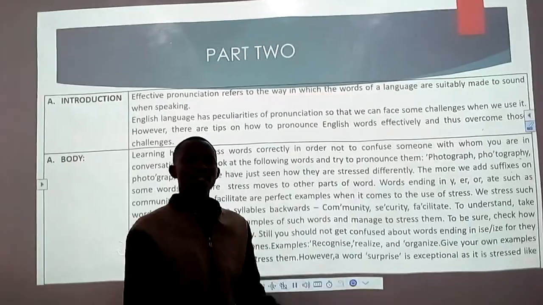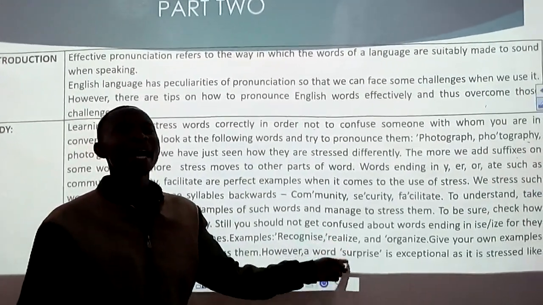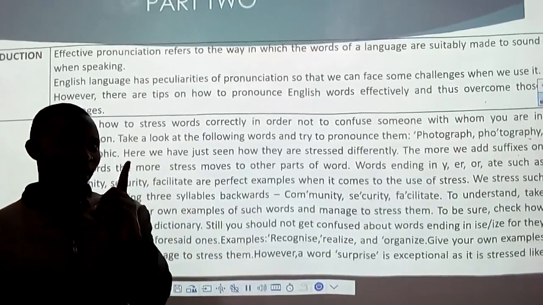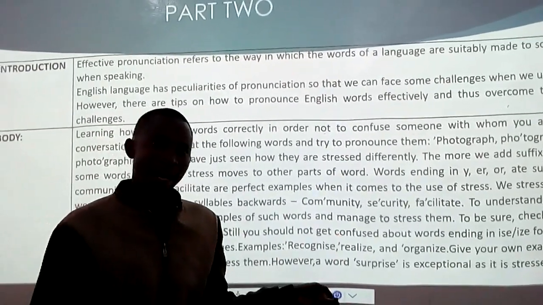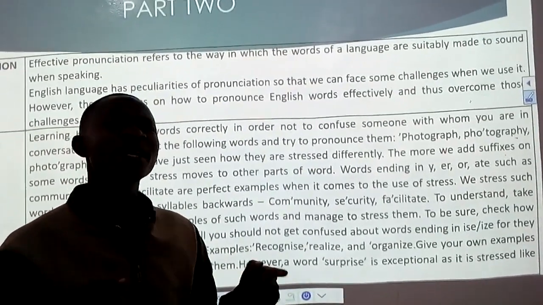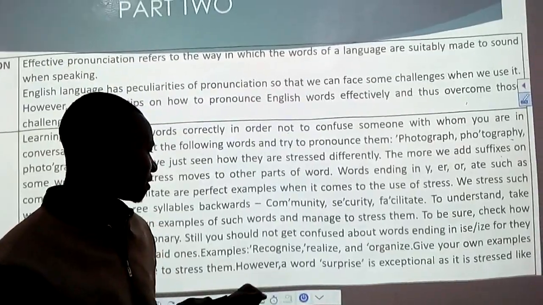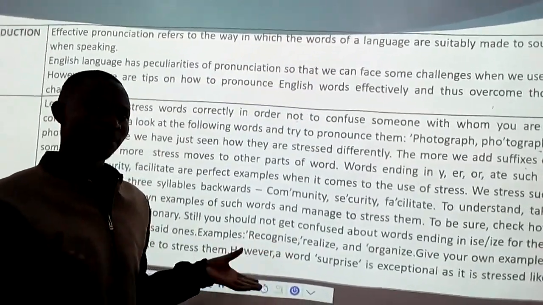Now, realize, not the wrong stress. Some people read realize with the wrong stress, which is not good. Okay? You better pronounce it as realize. Recognize, realize. It seems like they have the same rhythm.